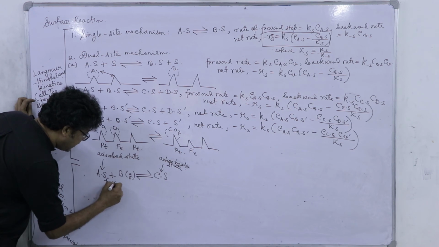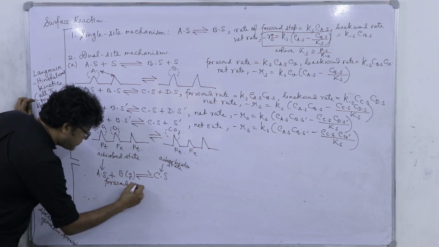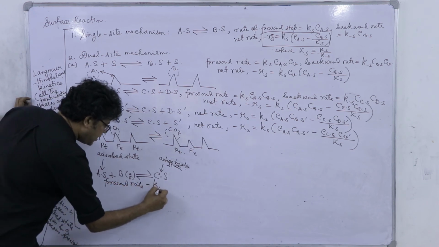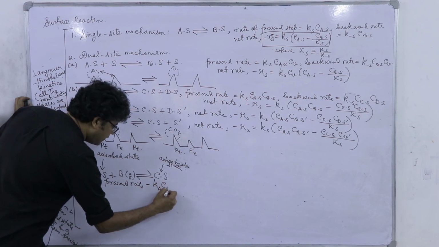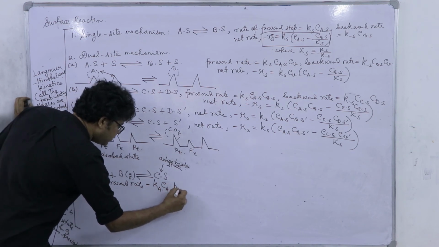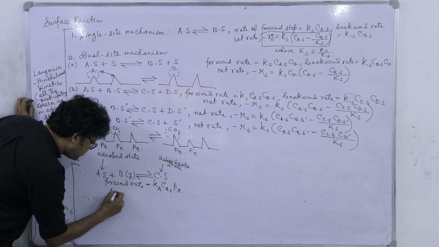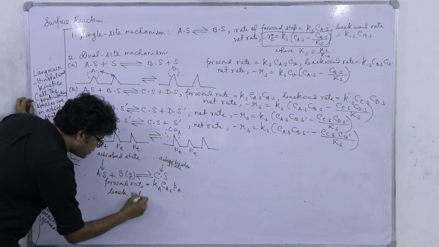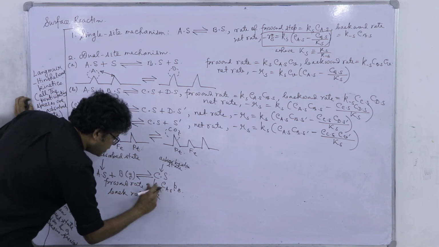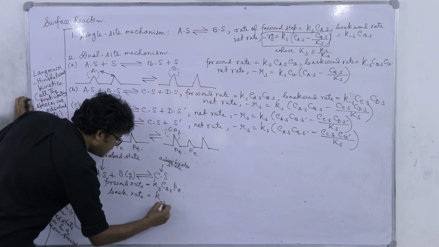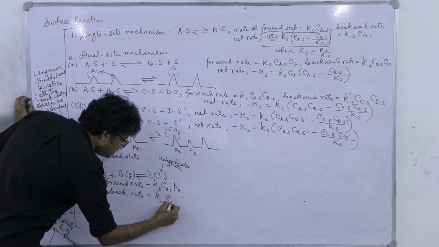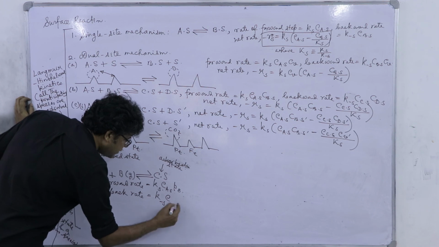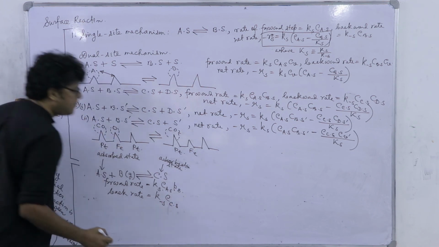So, here we have the forward rate Ka C of A·S into Pb, backward rate Ks minus C of C·S.